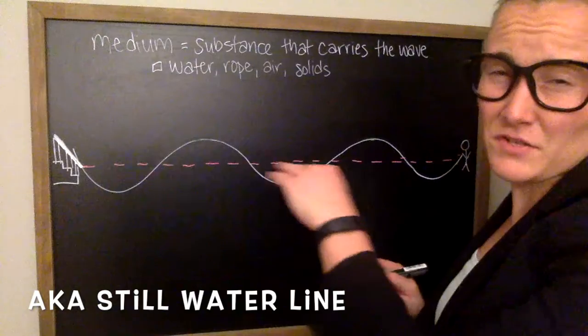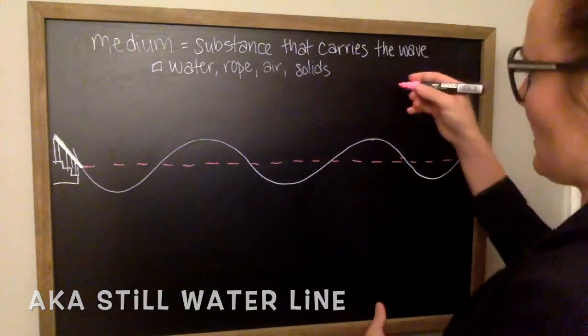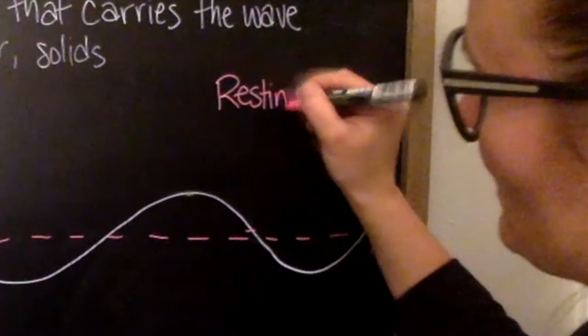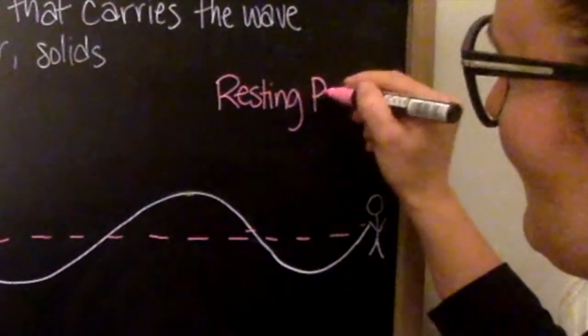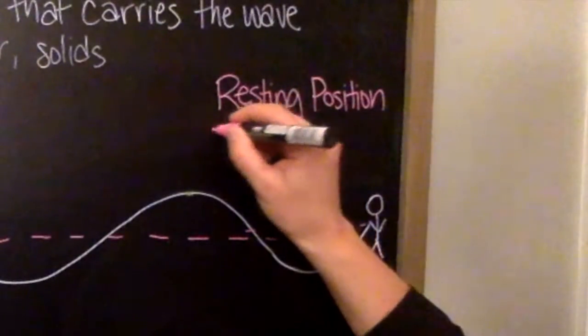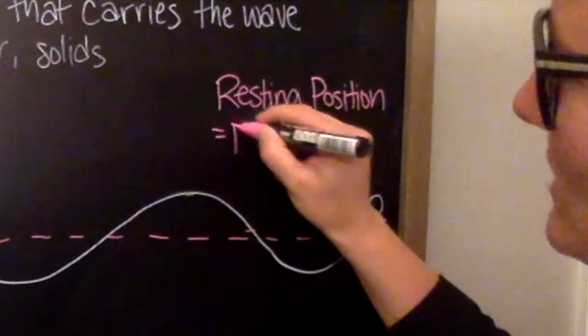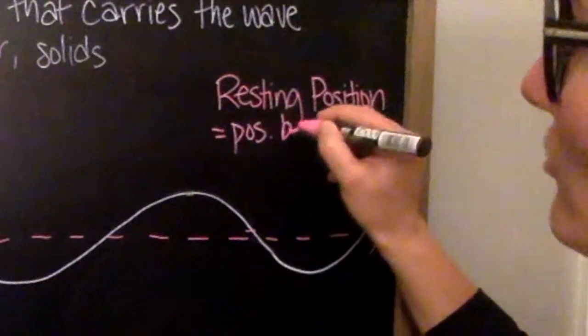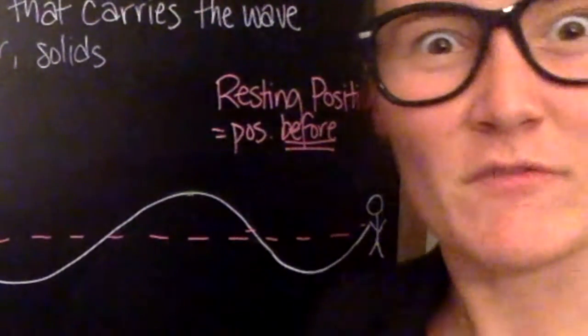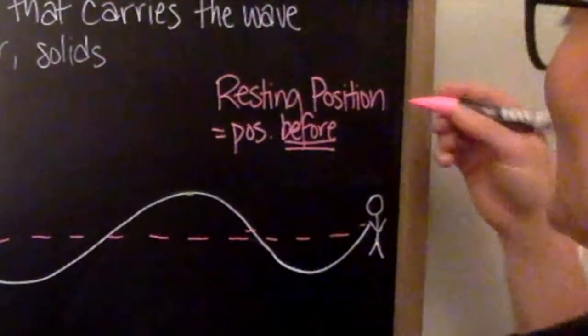And that horizontal line, kind of that flat position, is what we call our resting position. And all that means is our position before we put any type of energy into that medium.